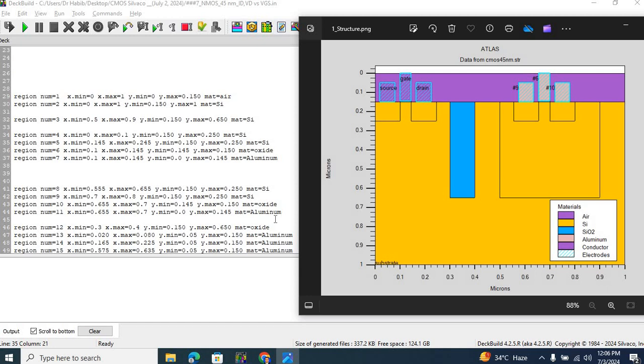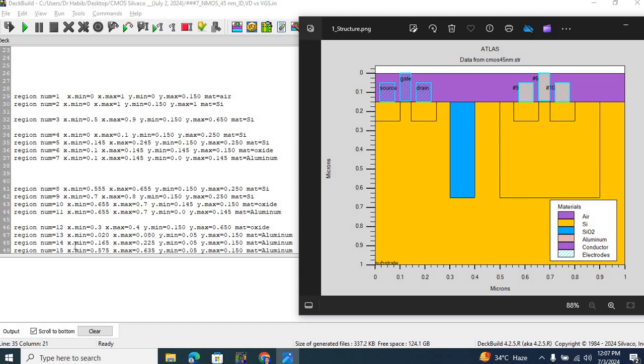Moving further, we have aluminum. Region number 11 is where I've deposited aluminum as a gate metal for this PMOS transistor. Region number 12 is this oxide layer, and the purpose of this oxide is to separate the NMOS from the PMOS device.